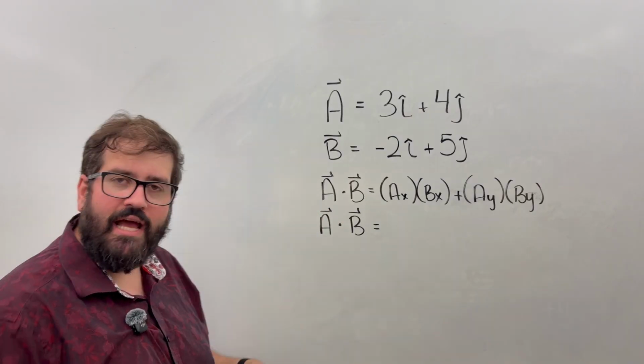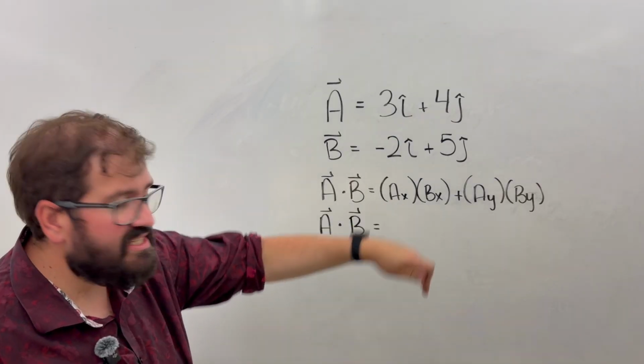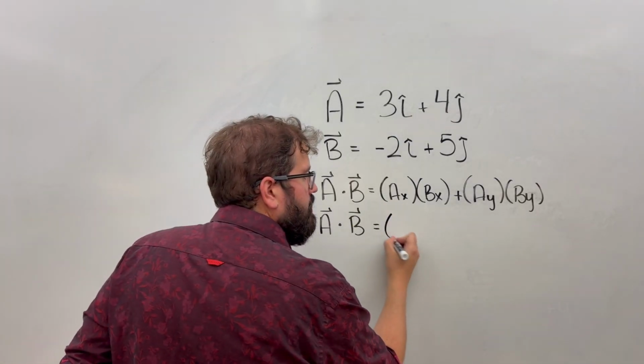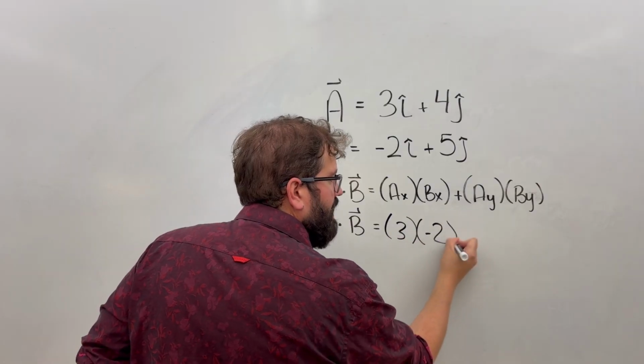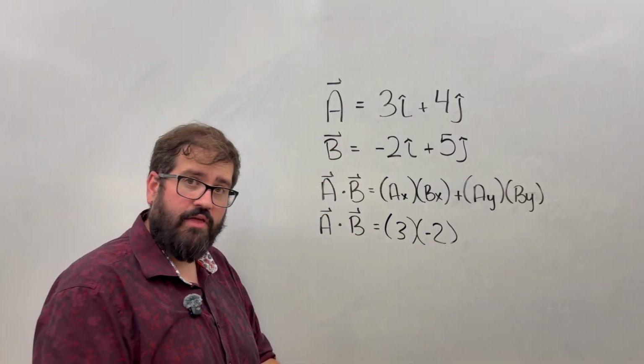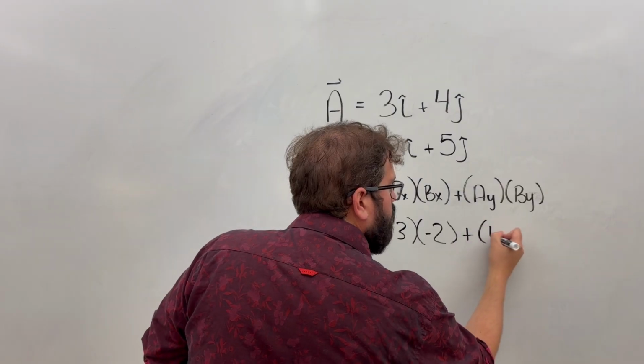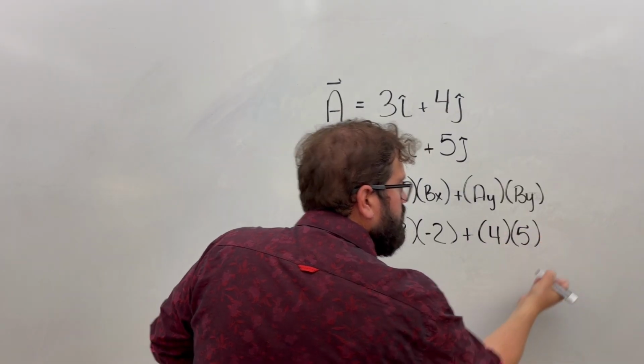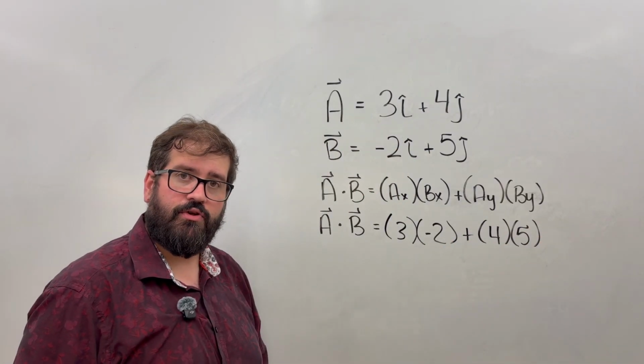This operation actually ends up being quite simple, right? ax times bx would be 3 multiplied by -2. That's our x components multiplied together, plus 4 multiplied by 5, my two y components multiplied together.